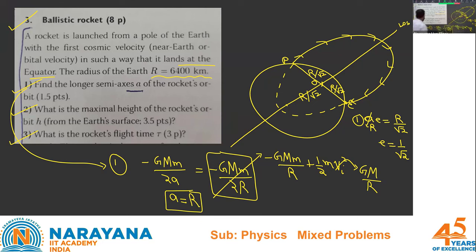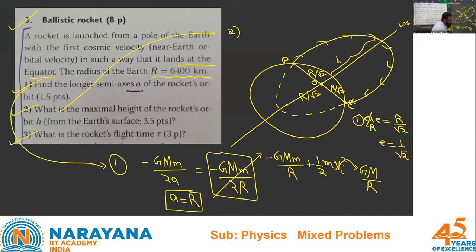Now, secondly, when he says, what is the maximum height? Let us look upon the second part of the problem. So we are discussing this distance h here. क्या लिख लेना चाहिए? What should be the value of that distance? It is coming out as A minus R plus AE term.